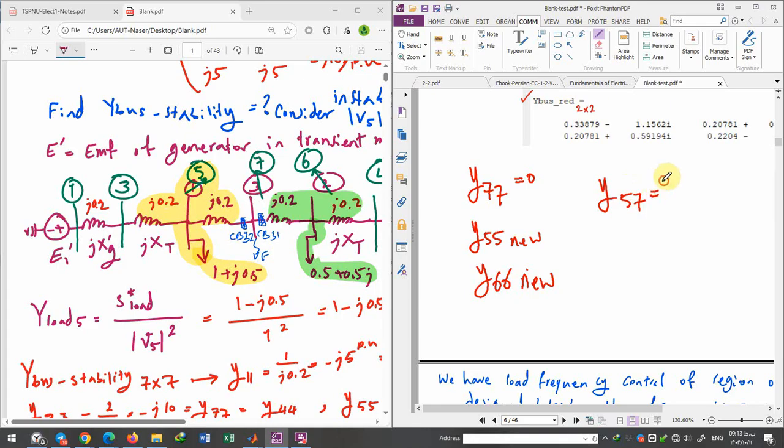Y57, equal to Y75, would be 0. Y76, equal to Y67, would be 0. And so we have to recalculate Y bus stability with this consideration.